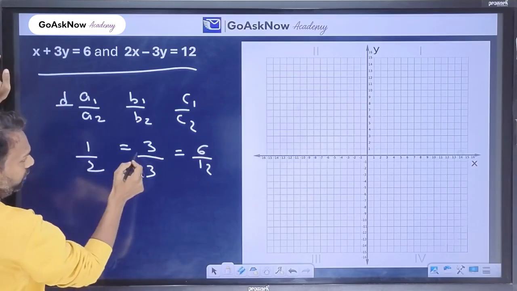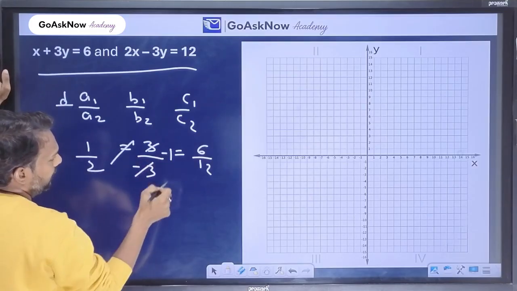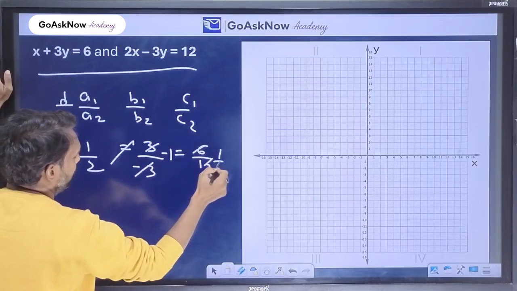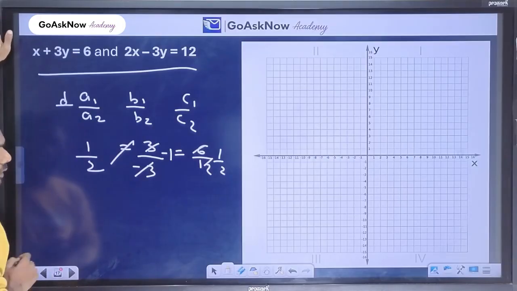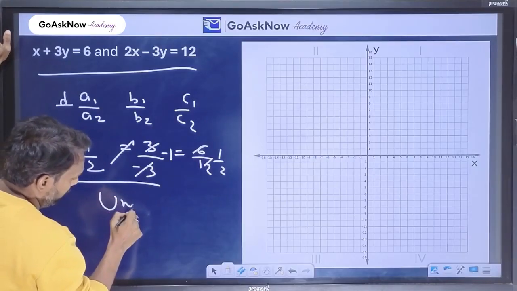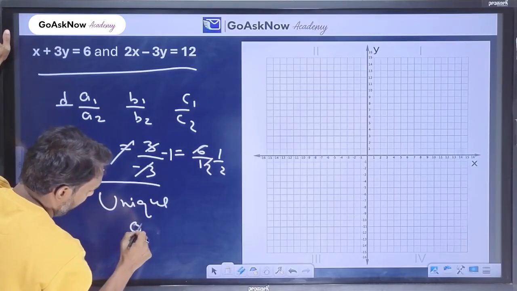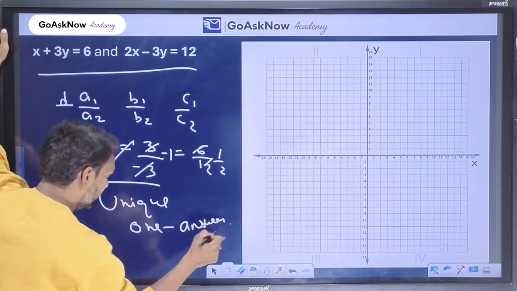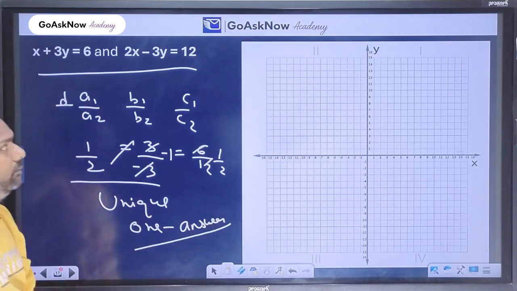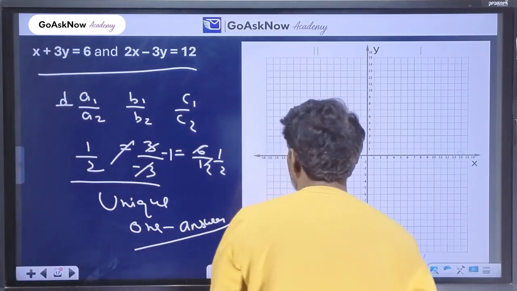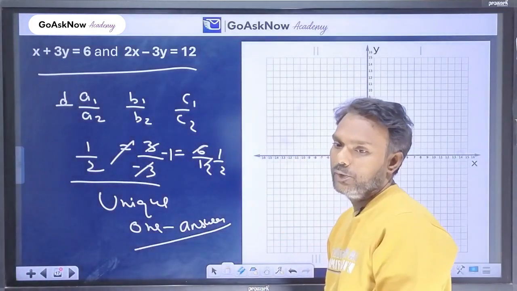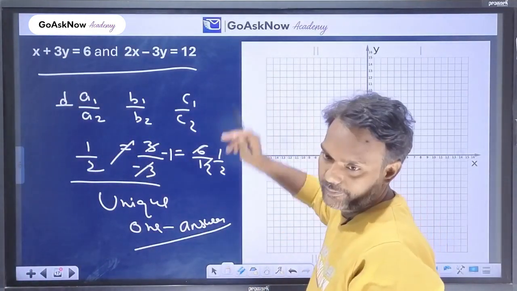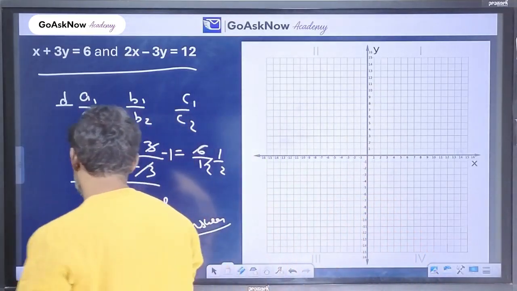So 1 upon 2 is not equal to minus 1, and not equal to 1 upon 2. So this is a unique answer, one answer. This will have one answer, and you can verify that by drawing the graph. You can do it yourself.